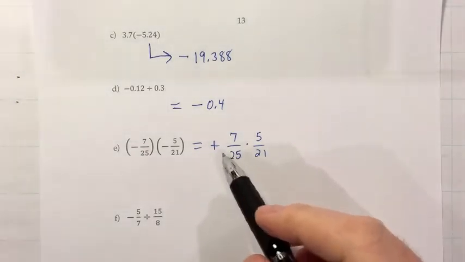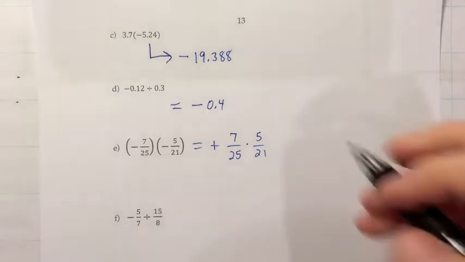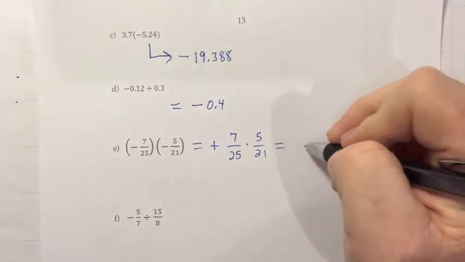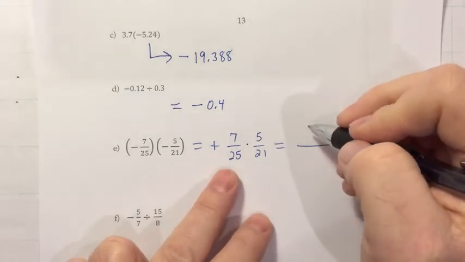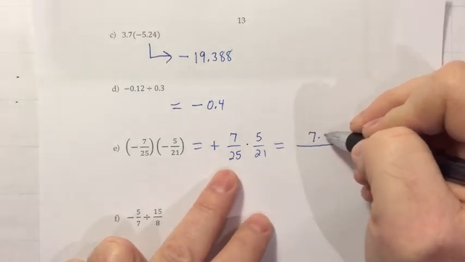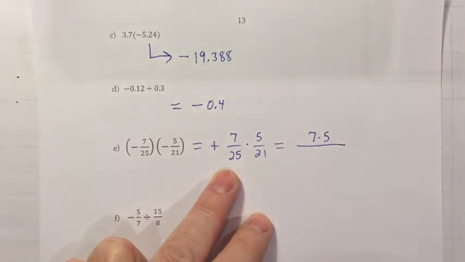So the answer is going to be positive. I wrote a positive sign there just as a reminder, but we don't want to keep that in our overall answer. Then just a reminder, we're multiplying straight across, but thinking about reducing as we go along. 7 and 5 are both primes, so we can't do anything with those, so we'll just leave them and connect them by multiplication.